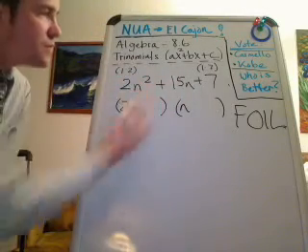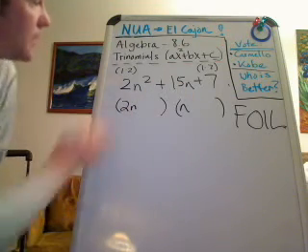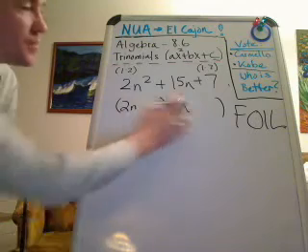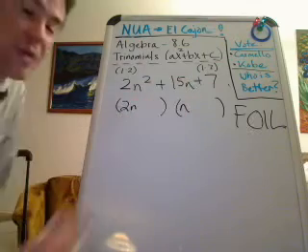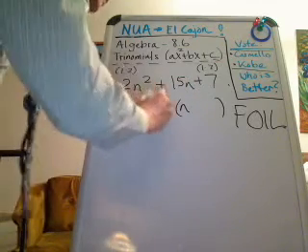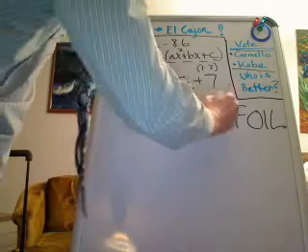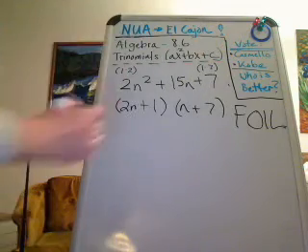So if 2 times 7 is 14, and I add 1 to it, there's a 1 here and there's a 1 here. So if I end up having to add a 1 somewhere, that's good. So my signs are probably going to stay positive all around. So if I go plus 1 and plus 7, I'm going to try this. Let's see if this works out. I have 2 minutes left.